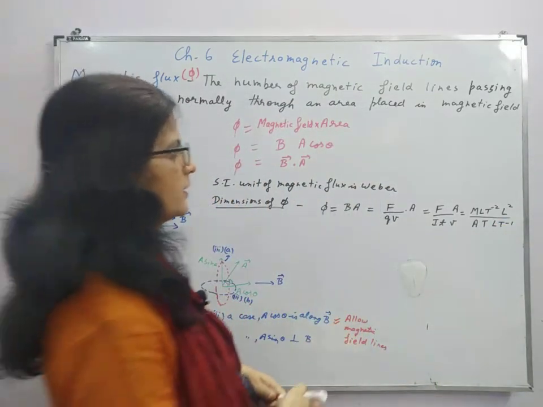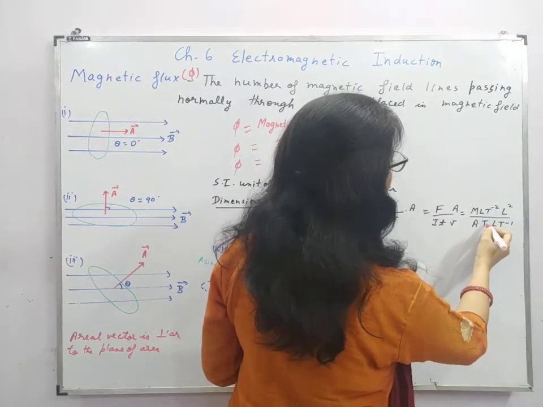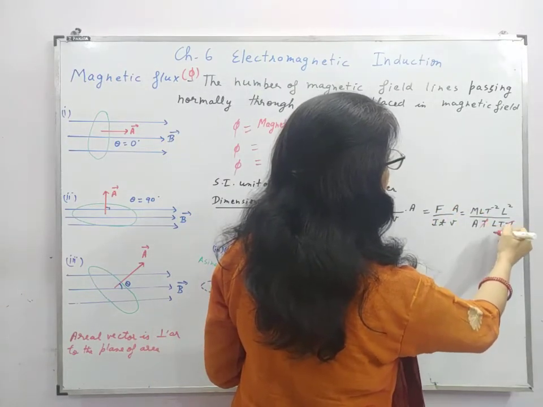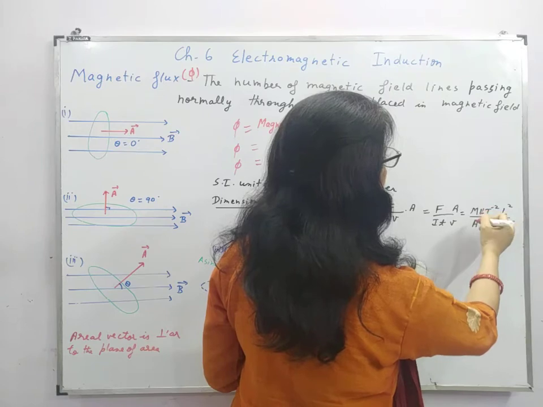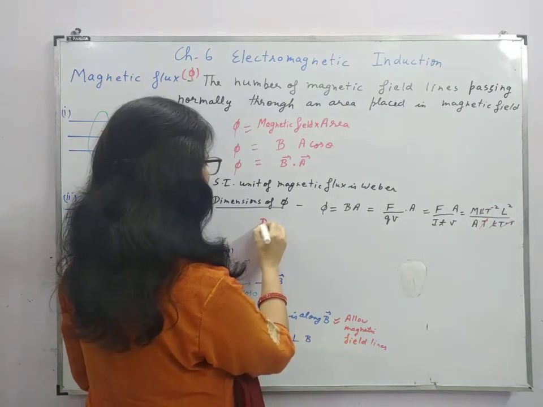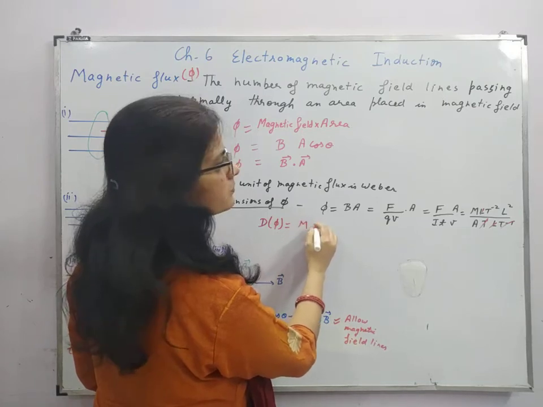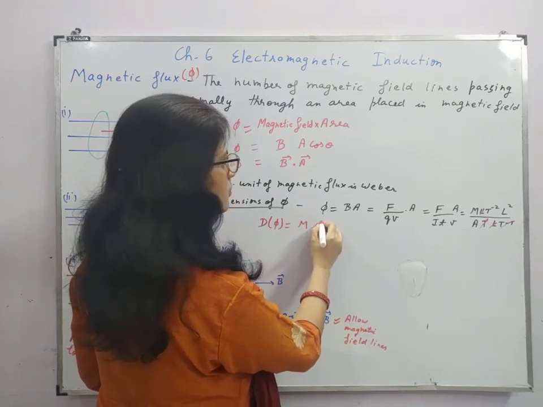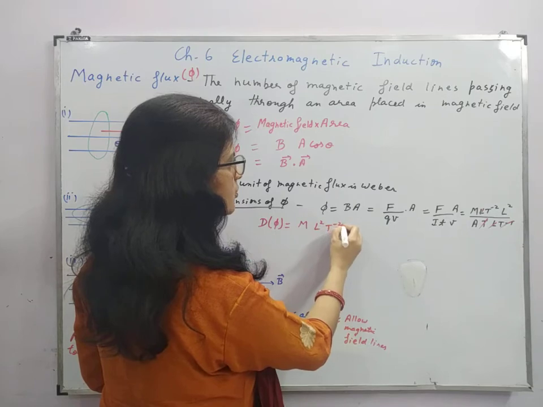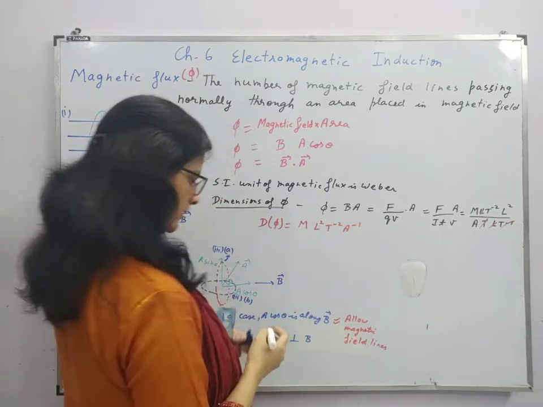So from here I can cancel this time and this time, and this L and this L. So the dimensions of phi are M L squared T minus 2 A minus 1.